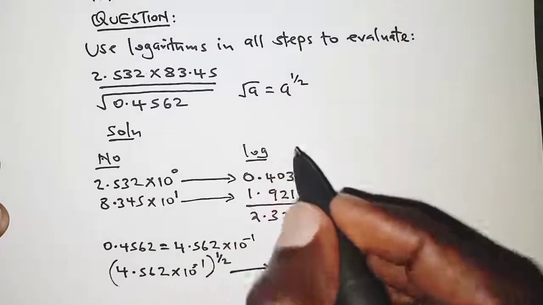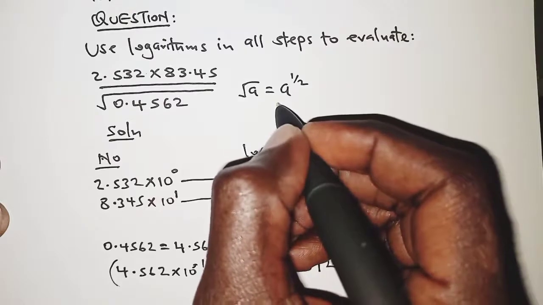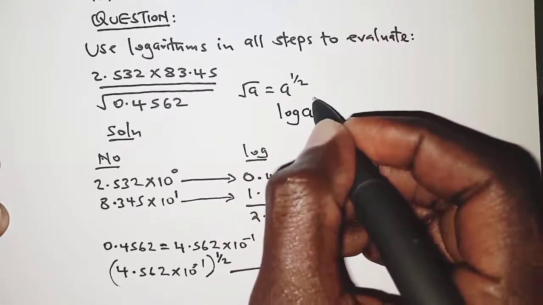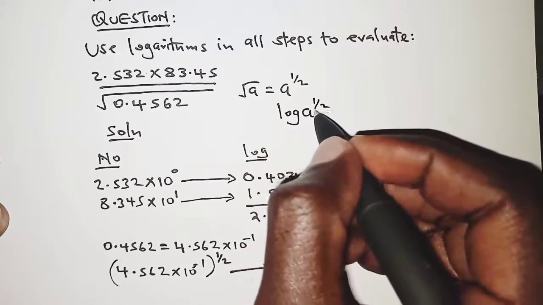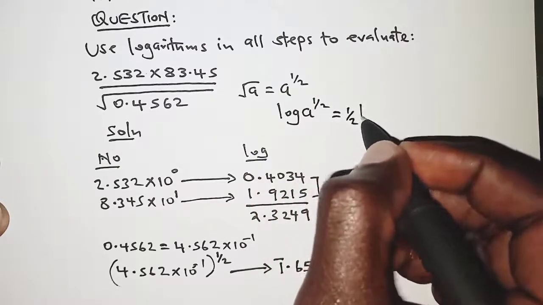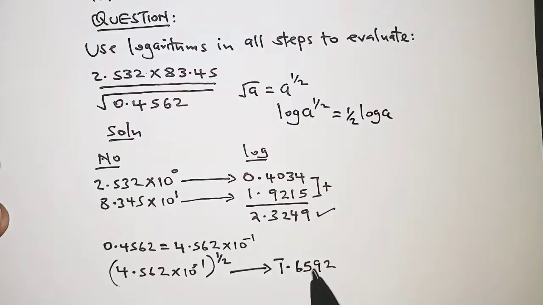So that is where we apply the law of logarithm, such that logarithm of a raised to power half is equivalent to a half logarithm of a. So multiplying by a half is equivalent to dividing by 2.